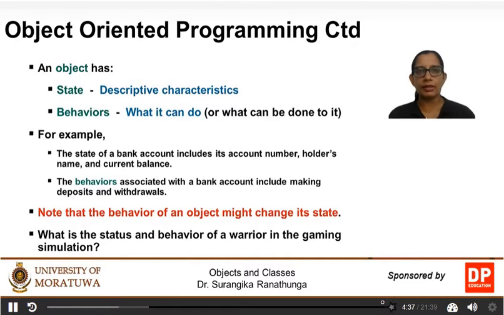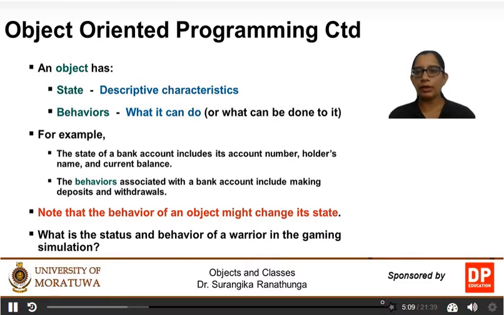As I mentioned earlier, an object has a set of attributes which collectively define its characteristics. The values of these attributes at a given point in time determine the status of the object, or the object state. As a new example, consider an object referring to a bank account. It has a unique number, the account holder's name, and the current balance.